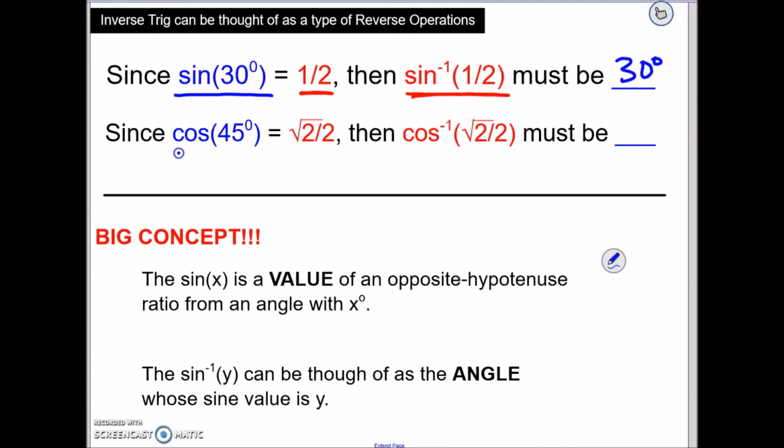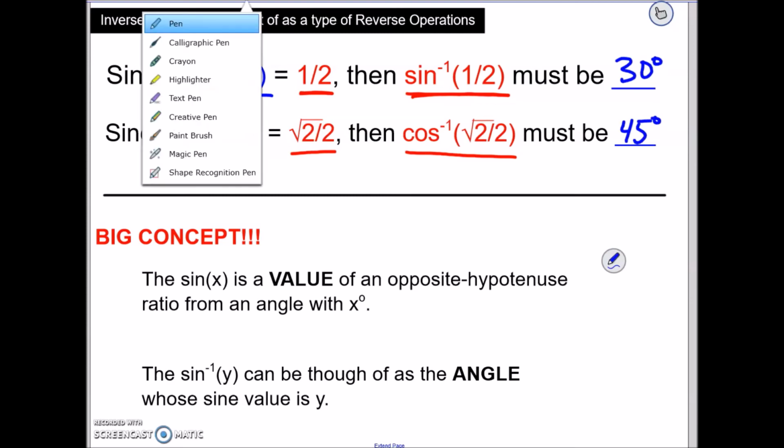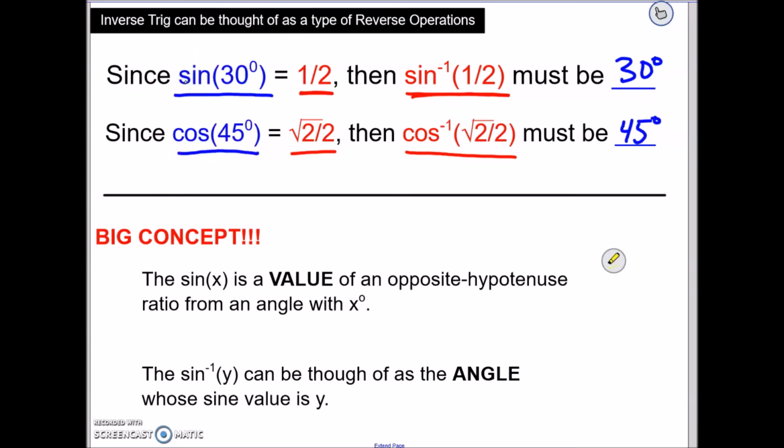Since the cosine of 45 degrees gets me a value of square root of 2 over 2, then the inverse cosine of square root of 2 over 2 must give me an angle of 45 degrees. That's how this works.